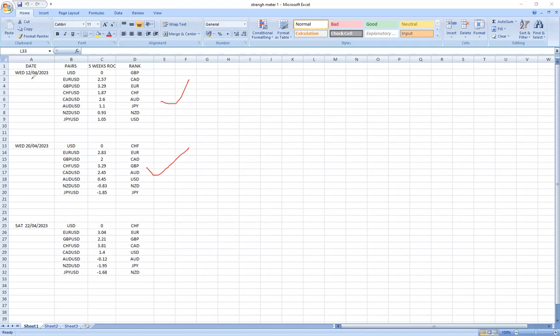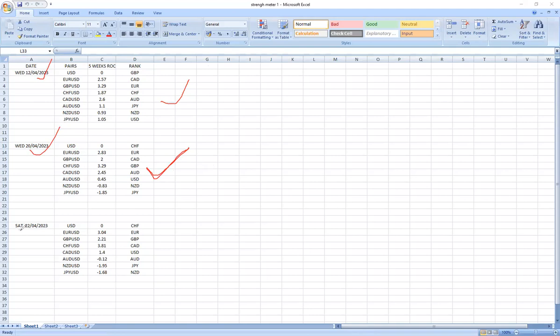If you look at the days that I've come up with the currency strength, I did mine on Wednesday. The first Wednesday was the 12th of April, 2023, and I came up with this currency strength meter. Then on Wednesday, 20th of April, the recent past week, about 3 or 4 days ago, I came up with this strength meter.